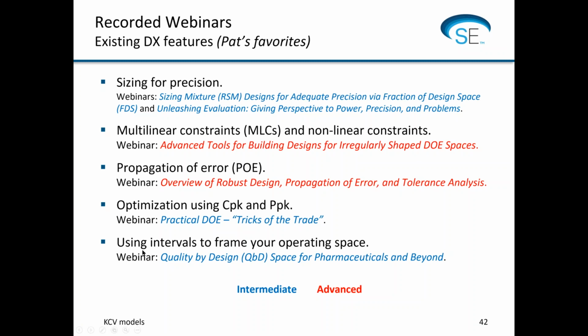And then finally, using intervals to frame your operating space. So if you want to frame a space where you can meet specifications with high assurance, this is a good webinar. For those of you in regulated industries, this relates to quality by design that they use in pharmaceutical and medical devices.